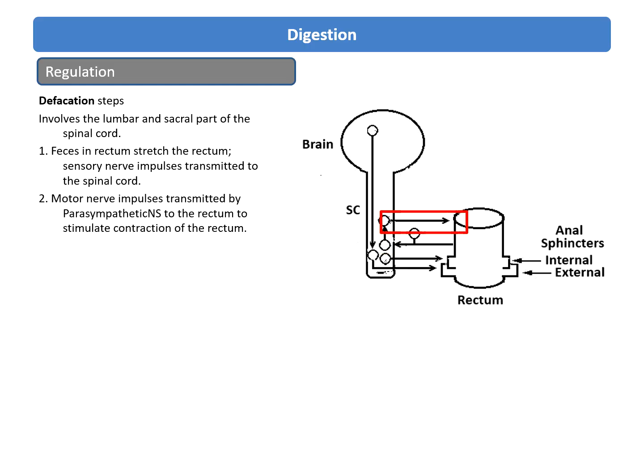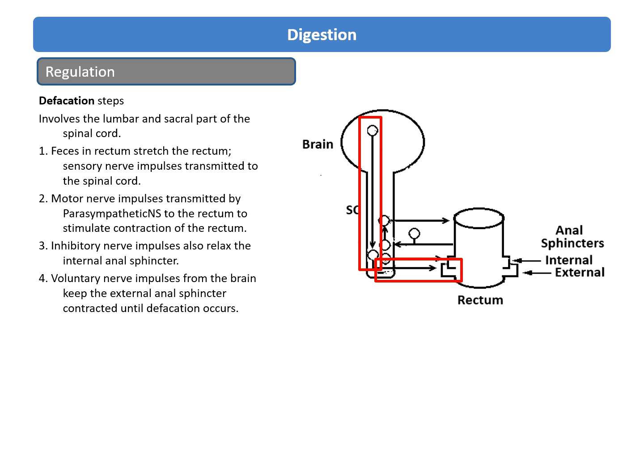Motor impulses then are transmitted by way of the parasympathetic nervous system to the rectum to stimulate contraction of the rectum. Inhibitory nerve impulses, meanwhile, also relax the internal anal sphincter. Voluntary nerve impulses from the brain keep the external anal sphincter contracted until defecation occurs.